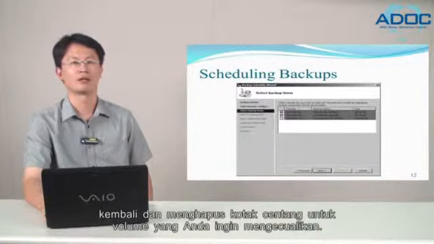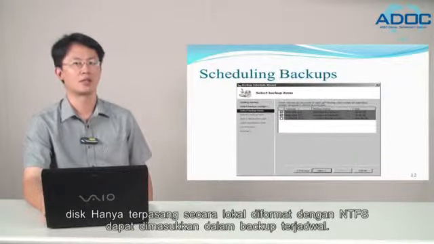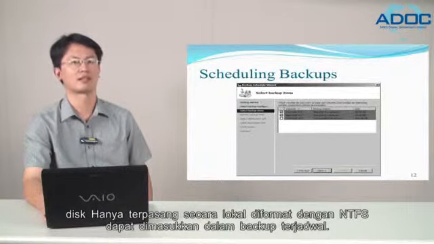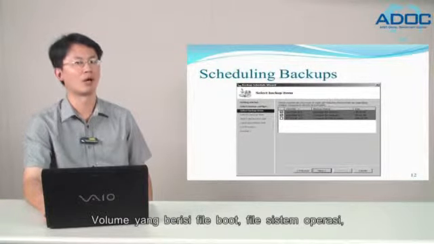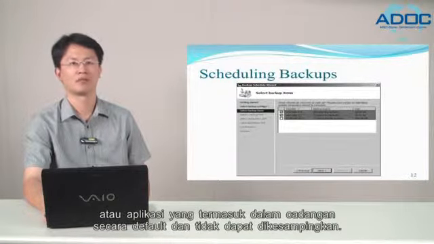Only locally attached disks formatted with NTFS can be included in scheduled backups. Volumes that contain boot files, operating system files, or applications are included in the backup by default and cannot be excluded.